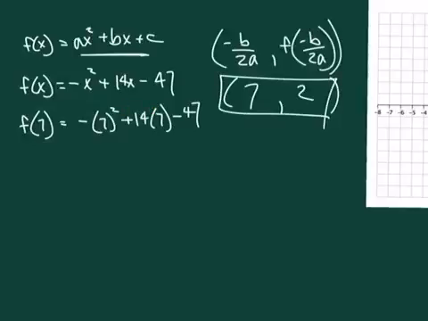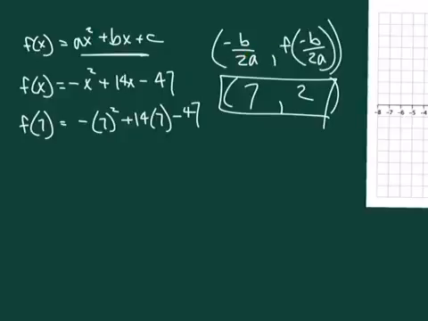So there's my vertex. And that not only gives me my vertex, it also gives me my axis of symmetry, and it also gives me my max or my minimum point. Okay, so I find all the information I need that I did in the last problems by completing the square and all that other junk just by using this formula right there.